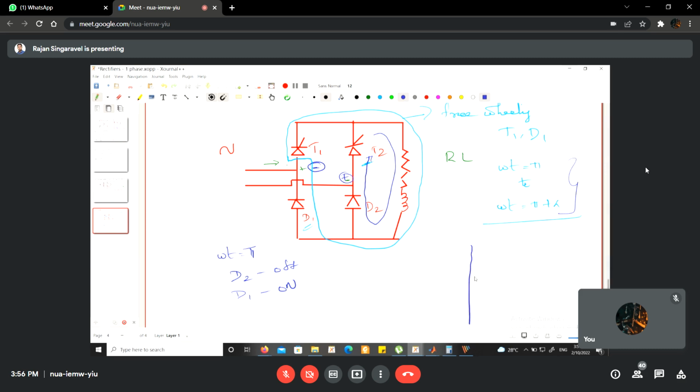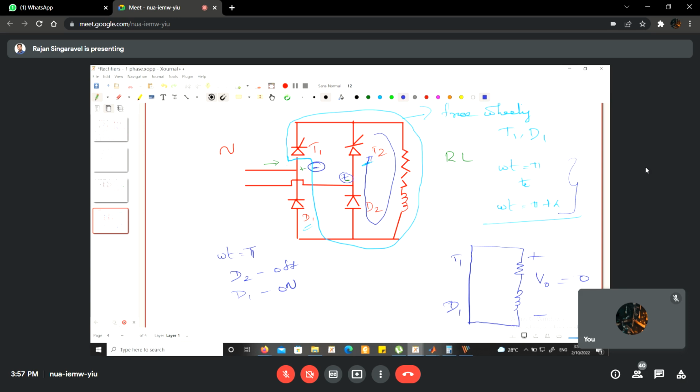Your T1 and D1 are shorted, and you have an RL load. The terminals of the load are shorted through T1 and D1, so when you measure the output voltage, it is equal to zero, and the current is freewheeling. So there is no voltage across the load terminal.